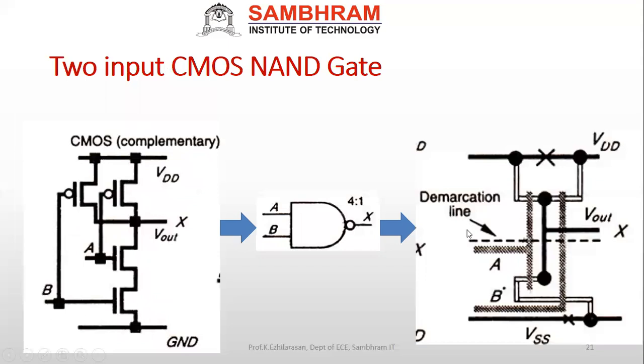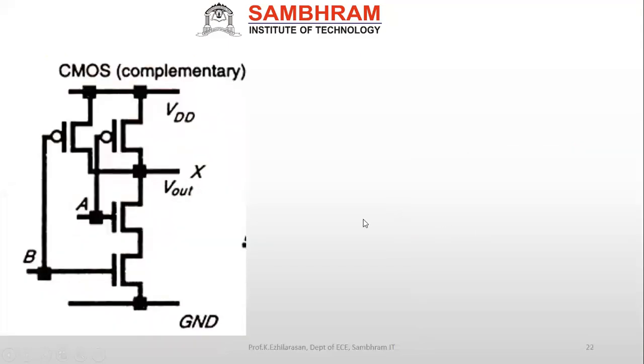Now you go to CMOS. What will happen in CMOS now? Say, for example, you take this ratio as 1:2. Earlier only one NMOS was there and the ratio was 4:1. But here, two are connected in parallel.